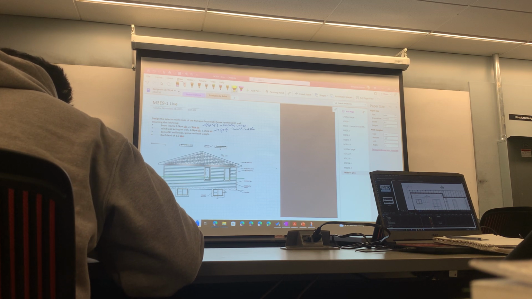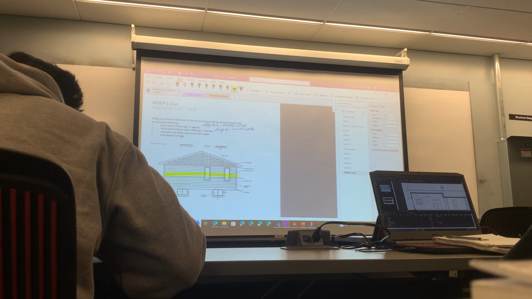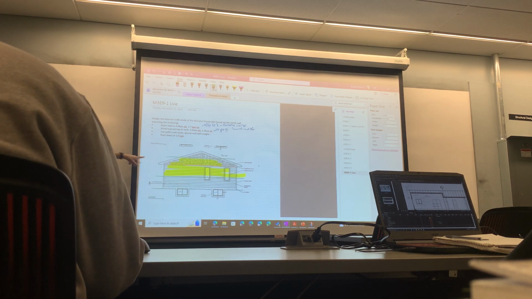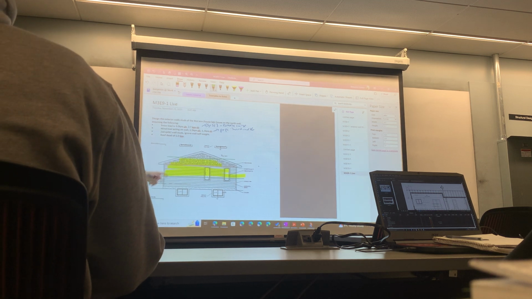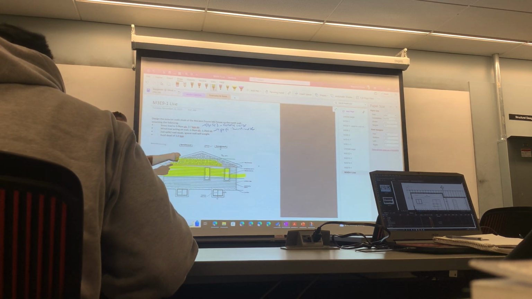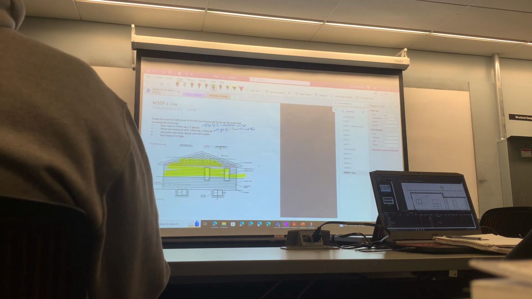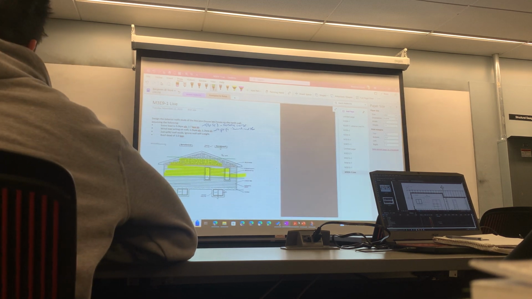So your trib width, let's say half the wall, is the trib width that's going to go into the top of the wall. And the top of the wall is going to be trying to push into the screen, right? And the truss is going to have to support that.